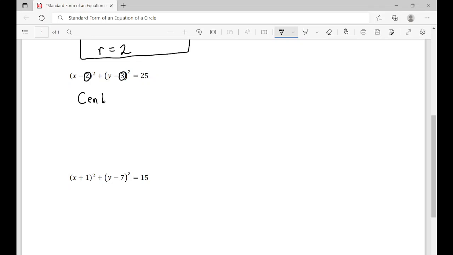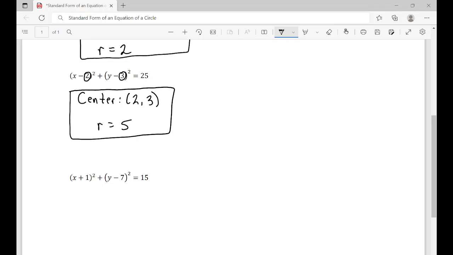So the center is (2, 3), whereas the radius, again, is the number at the end, square rooted, in this case 5. So the center of this circle is at (2, 3), and it has a radius of 5.